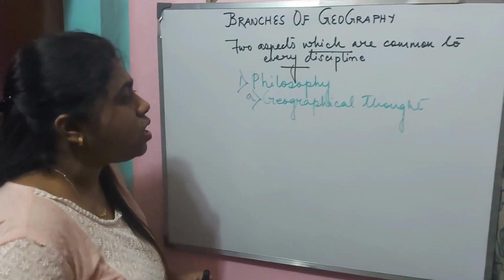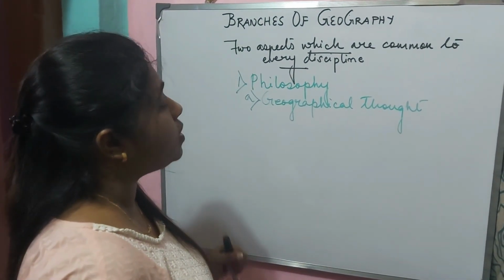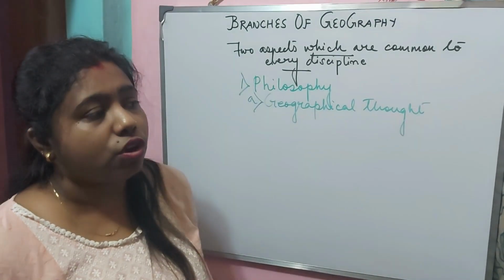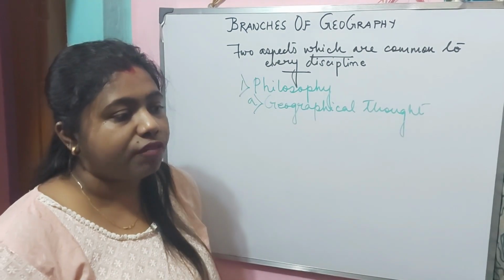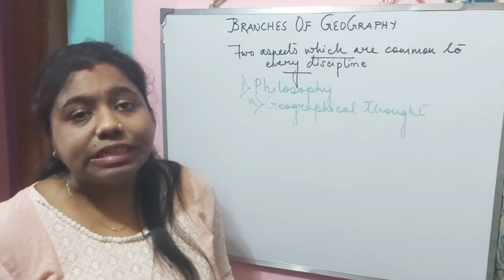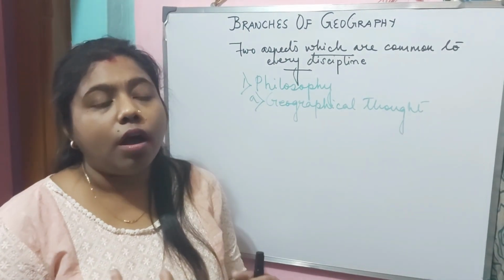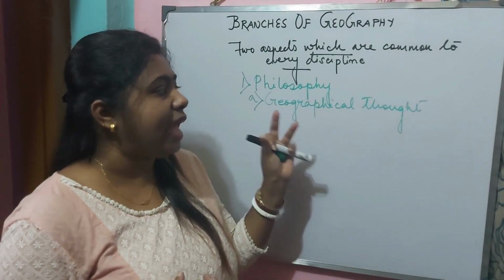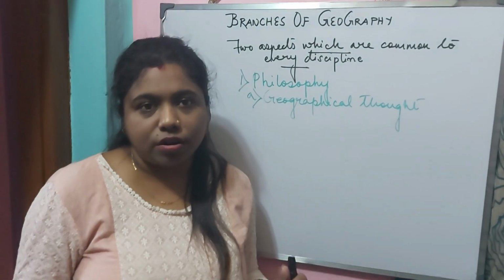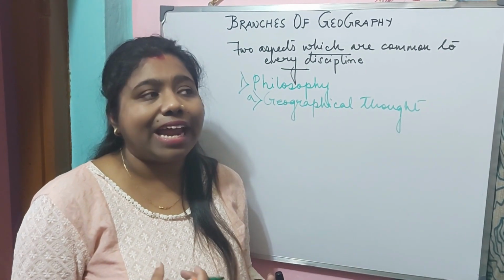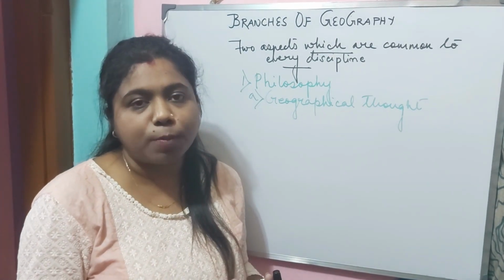Now, what is geographical thought? Geographical thought is an important branch of geography which gives us geographical knowledge, how geographical knowledge has developed in terms of time and space, and how the different geographical knowledge developed. It is very important. It gave a broader aspect of geography to the geographers, or to the ones who are just getting the oral description of geography.